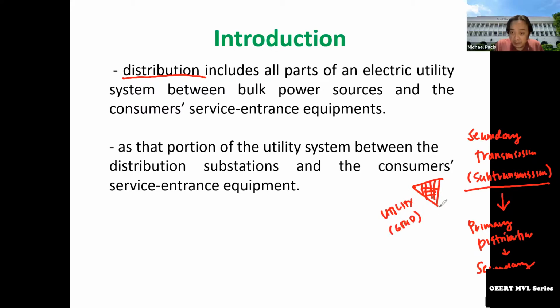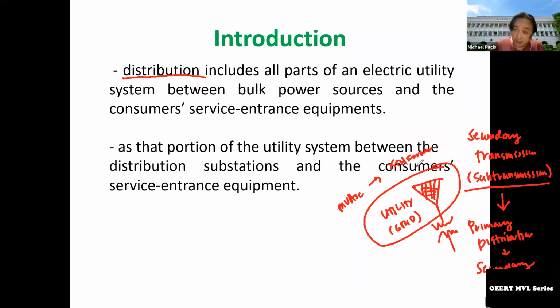From the utility, going to your distribution, of course you need your substation here, which constitutes your primary distribution, and then it goes to the secondary. Your utility or grid here is modeled in MVA short circuit so that you can get the Thevenin's equivalent reactance, what we call XTH, by dividing the MVA base by the MVA short circuit. From that model going down, those are what we call distribution networks.